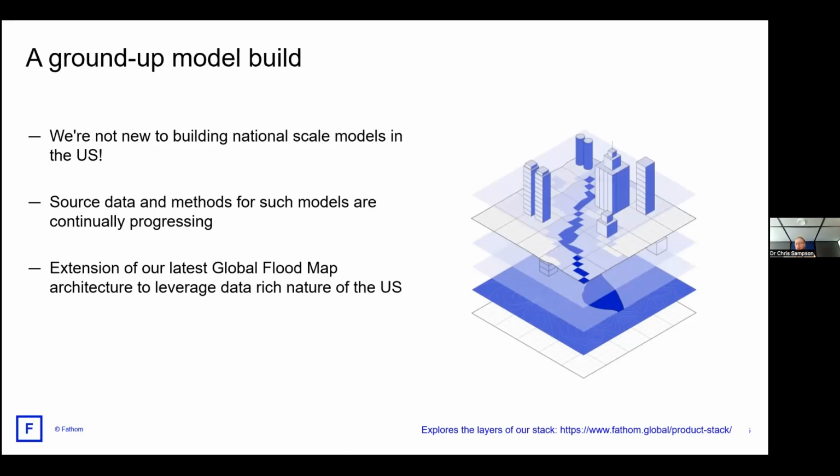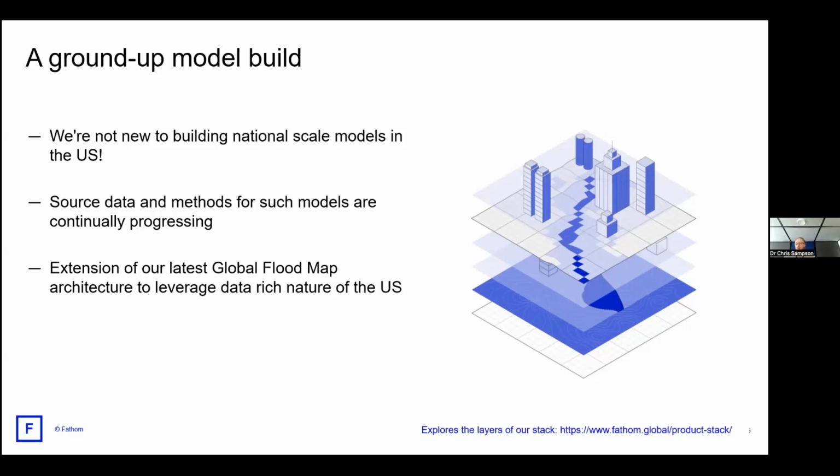So that's enough background. Let's move on to the model itself. I think the first thing to say is that this is a ground-up build rather than a rerun of one of our previous US models. That degree of work and reinvestment is necessary, as there's been really significant progress made, both in terms of the methods and also the data that we have to work with over the last couple of years.